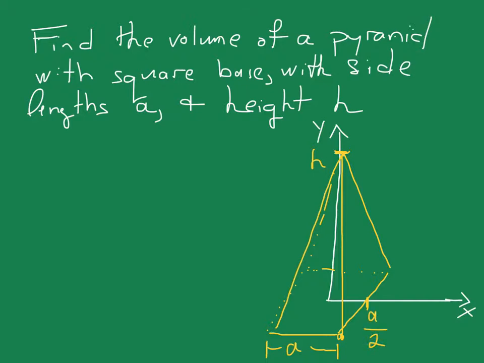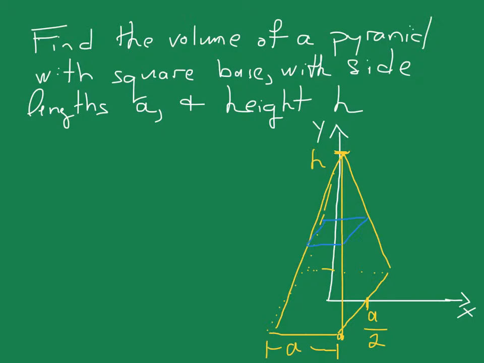Okay, well, as noted in class, what are we going to do? Well, we're going to try to find this volume by slices, and it's most natural in this case for us to consider horizontal slices. So we'll take horizontal slices at y. So they're going to look like this, I guess. Like so.